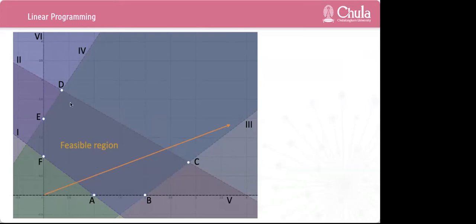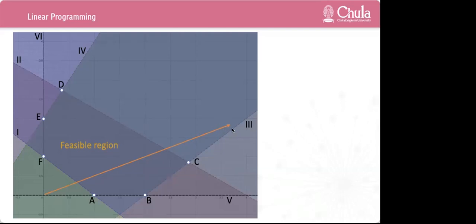while we still keep our solution in the feasible region. For example, in this case, where the feasible region is defined by this corner, any point in the feasible region can be our solution. Then we go in the direction of the objective function.